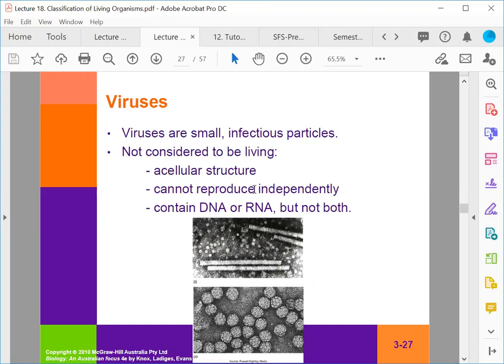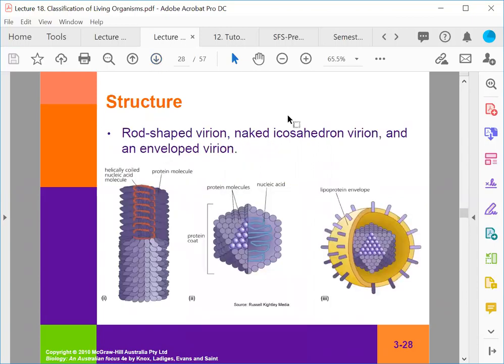They can only reproduce by hijacking the molecular machinery within a cell that they have invaded. And number three, viruses contain either DNA or RNA as their genetic material, but they don't contain both. All living organisms contain both DNA and RNA, but not viruses.